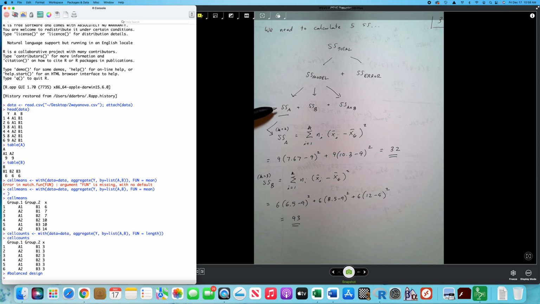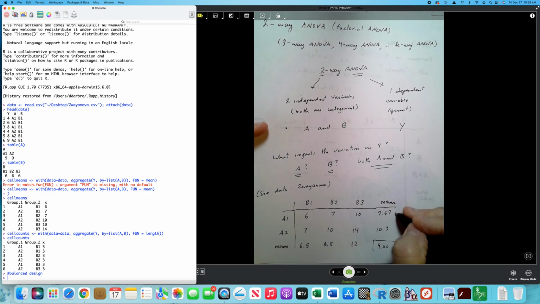So the sum of squares model is the sum of squares for A plus sum of squares for B plus the sum of squares for the interaction. So let's just dive into it. Sum of squares for A is pretty much exactly what you would think it would be. It would focus solely on the means for A1 and A2.